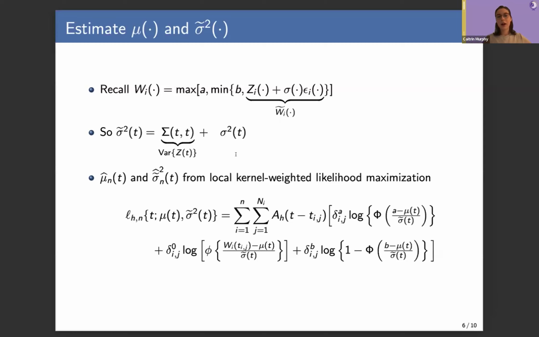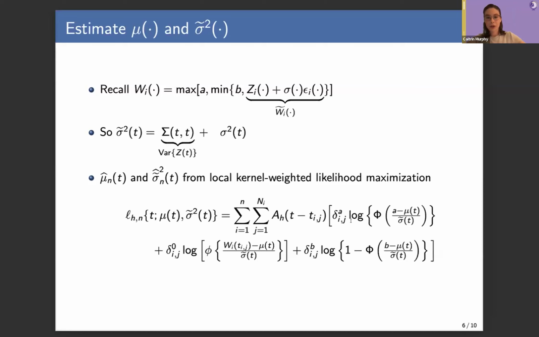So if we want to derive estimators of our mean function and our variance function, we can maximize a local kernel weighted likelihood. In this term, we have our kernel K sub h, where h is just the bandwidth. This allows us to borrow strength across time, which is helpful in cases where the trajectory is more sparse.